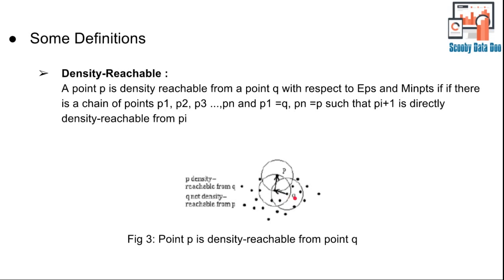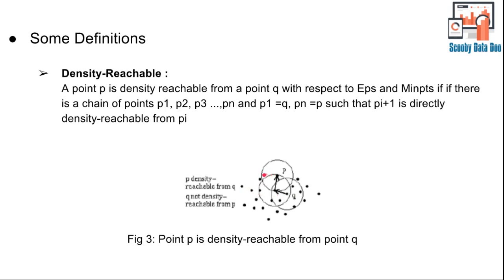Let's imagine this point is S. S is directly density reachable from Q, and then P is directly density reachable from S. So Q and S, both of them are core points here.